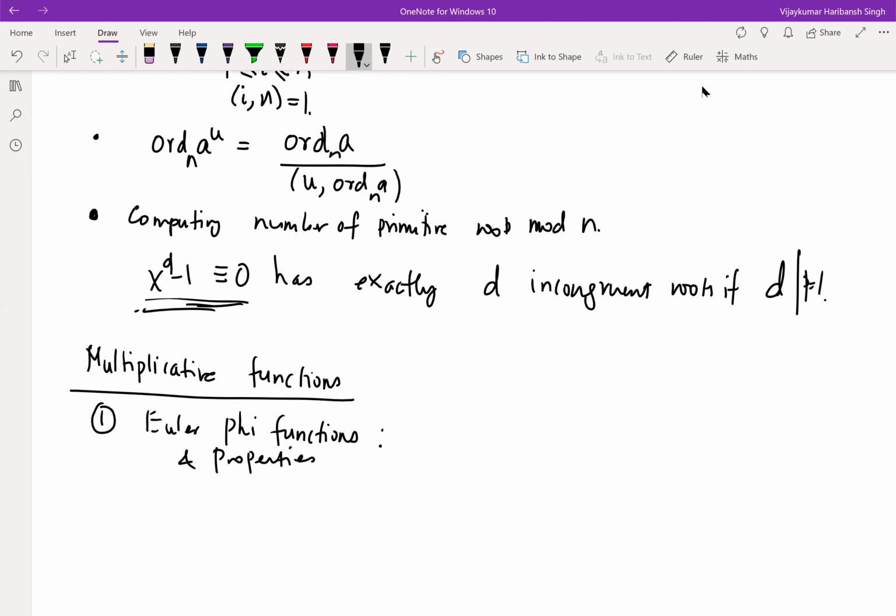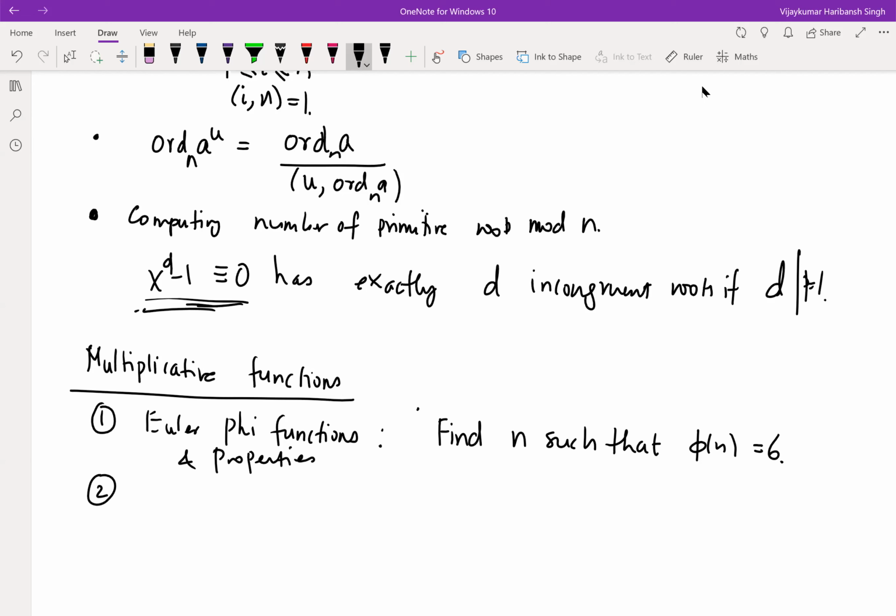Compute Euler phi function of a few numbers, then finding Euler phi inverse. For example, we have done this: find n such that phi of n equals 6, for example.